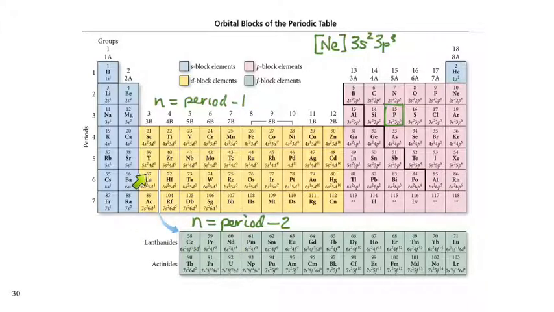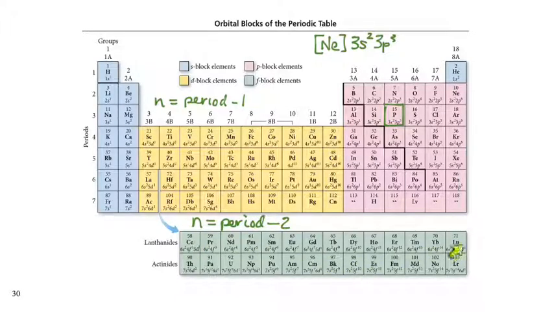So this first one would have 5d1, and then for reasons that we're not going to go into, you start putting them in f. Now things get a little funky here, like why is this 4f1, 5d1, why isn't it 4f2 or 5d2? We're not going to worry about that.